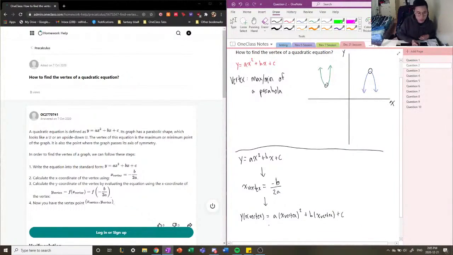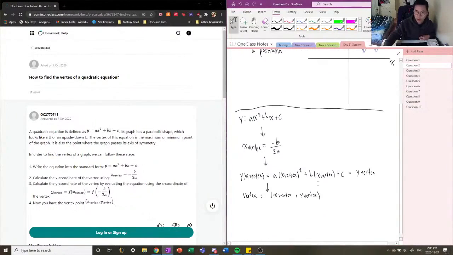Okay, and once you find that, then you have your vertex, which is going to be x vertex and y vertex. Okay, so that's the method or algorithm of finding your vertex.